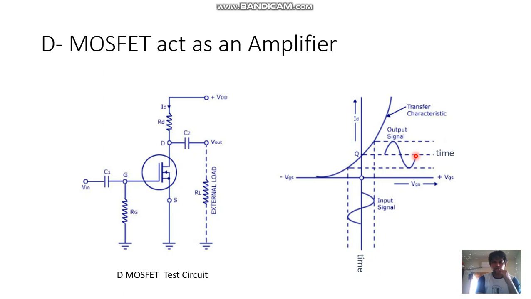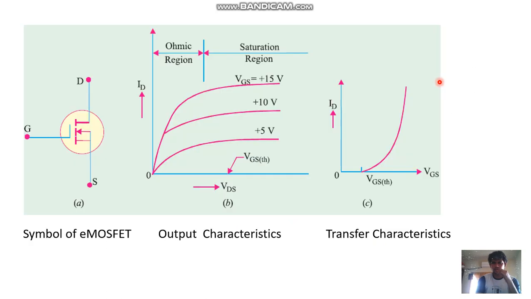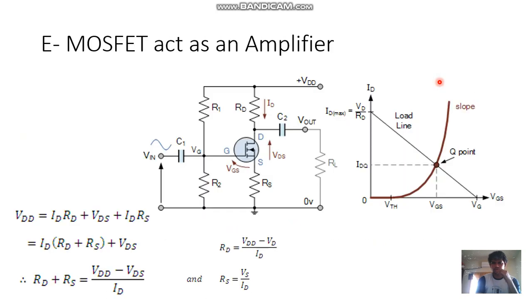Now how will an E MOSFET, enhancement MOSFET, act as an amplifier? In the enhancement MOSFET, the characteristic starts from here. It is something like this. As we are applying some load, this is the load line. Load line means, if the voltage is very high at this point, there is no current.